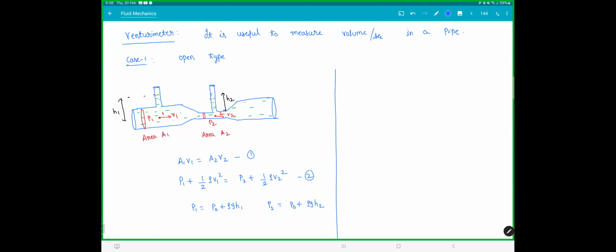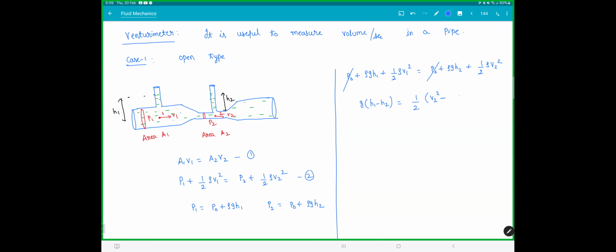So once you have the equations, substitute here. We end up with P naught plus rho g H1 plus half rho V1 square equals P naught plus rho g H2 plus half rho V2 square. P naught goes off. Rho also goes off. This will be g (H1 minus H2) is equal to half (V2 square minus V1 square).